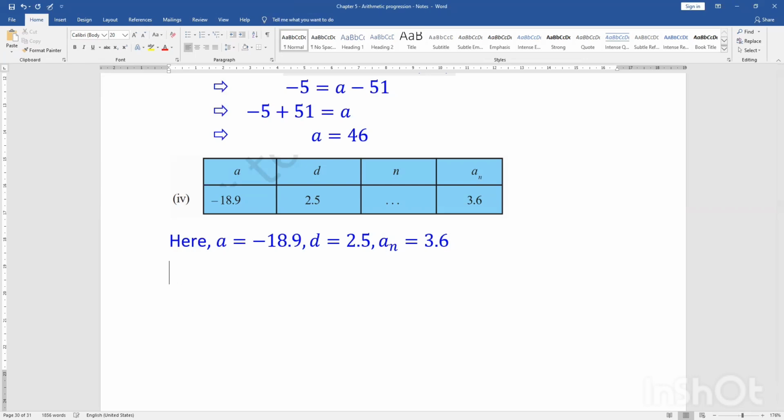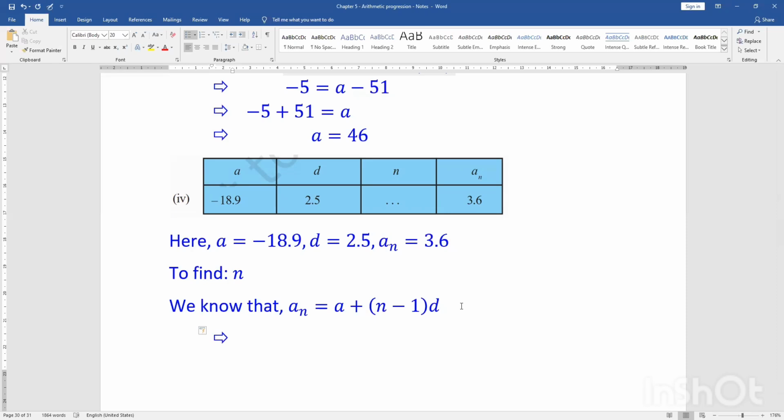Now what we need to find out? We need to find N. Okay, children, now we have to write the formula, our usual formula. We know that AN is equal to A plus N minus 1 into D. We have the AN value, I'm going to substitute.